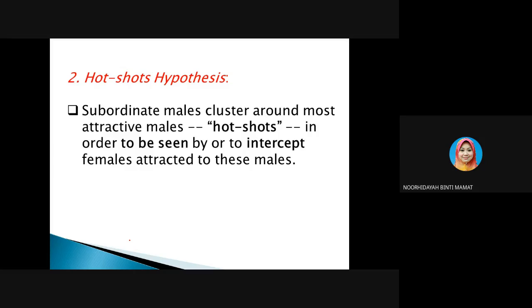The second hypothesis is the hotshot hypothesis. Subordinate males will cluster around the most attractive male.